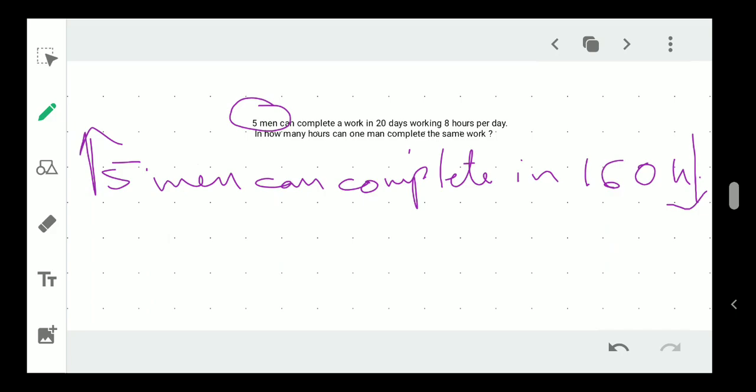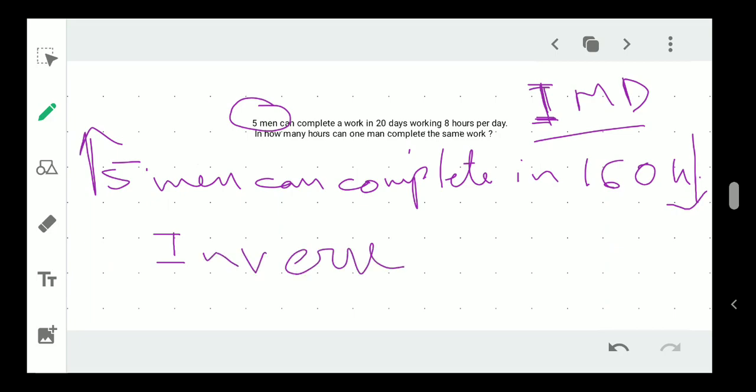So this is not proportional, this is called IDM, that is an inversely proportional relationship. So this is the IMD method. Now what is the IMD method? Before that I will talk about I. So I represents inverse relationship.